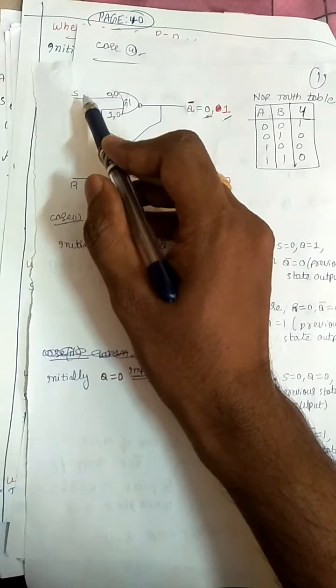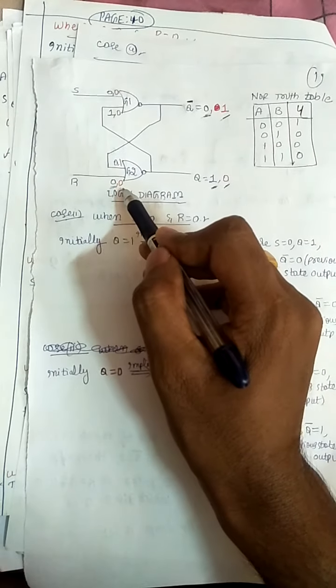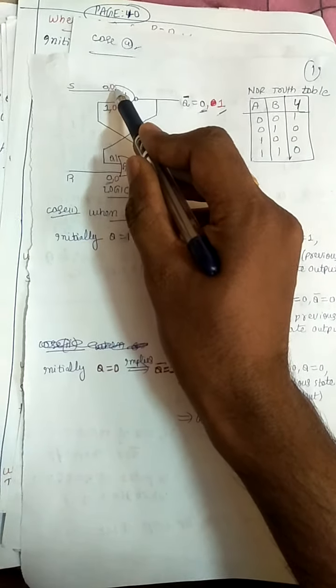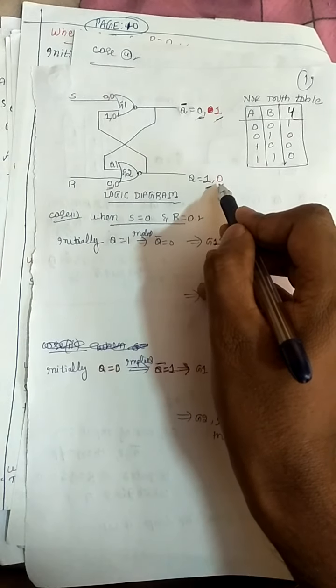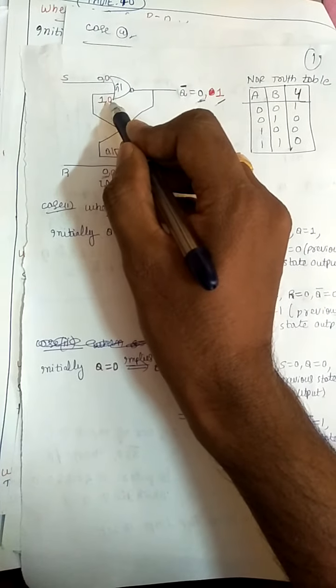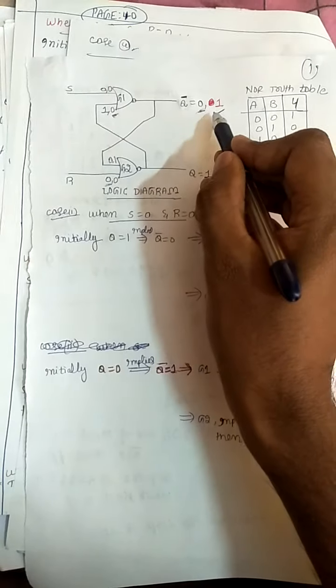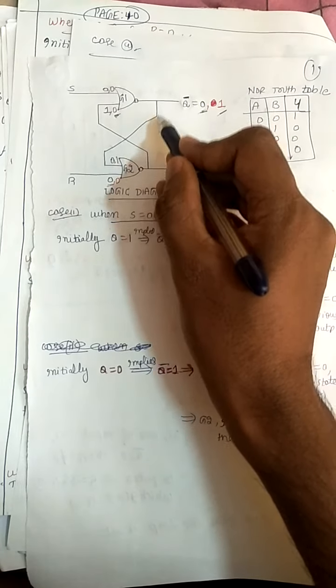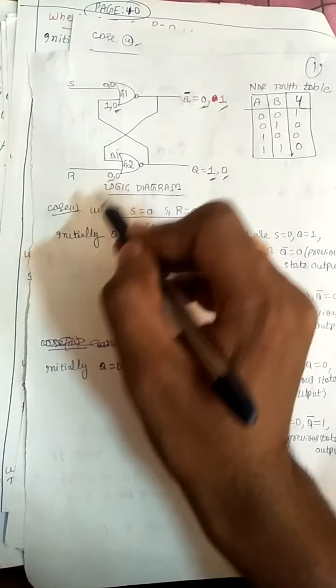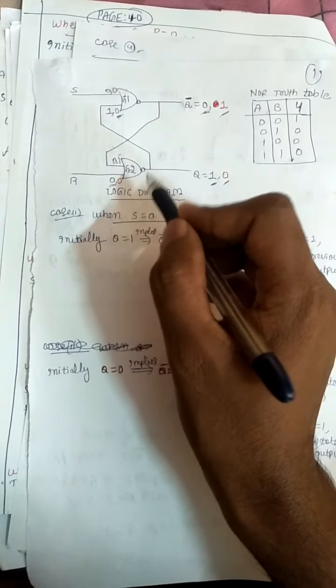At S and R you have 0 and 0. Here you have 0, that 0 will appear here. Here you have 1, that one will appear here.